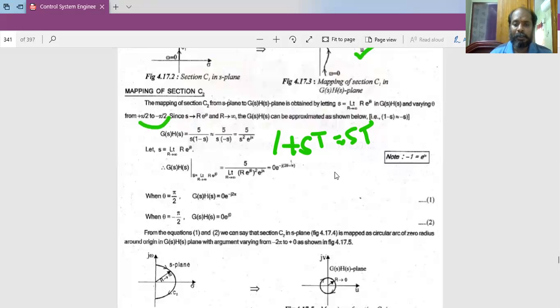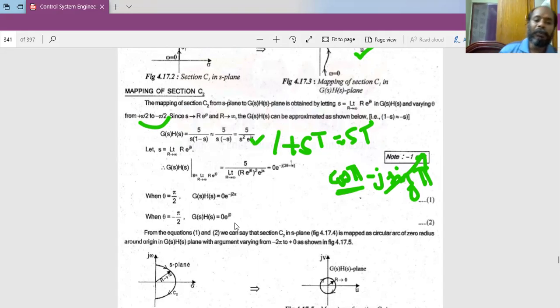It is cos pi minus j sin pi. The sine part is going to be 0, and only cos pi remains. What is cos pi? Cos 180 is minus 1. So the minus in s squared can be replaced with e power j pi.